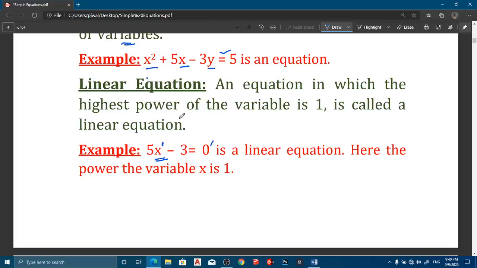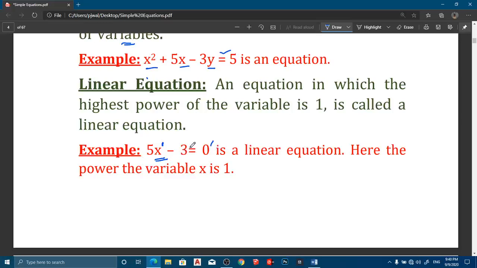An equation in which the highest power of the variable is 1 is called a linear equation. Here you see 5 into x to the power of 1, if there is no power, we can write 1, minus 3 is equal to 0. Only one variable is there, with only 1 as the power. That's why it is called a linear equation.